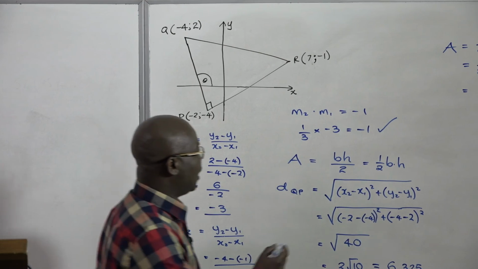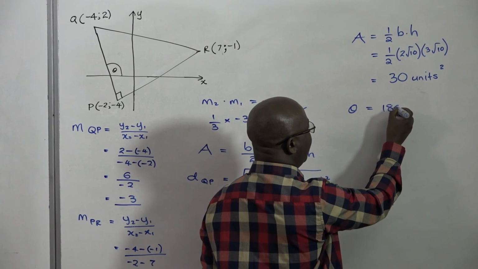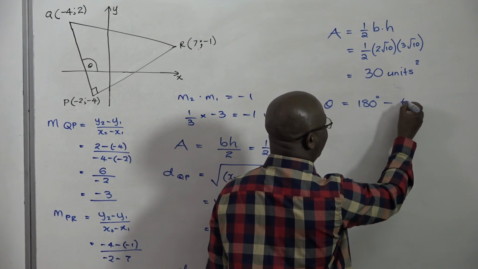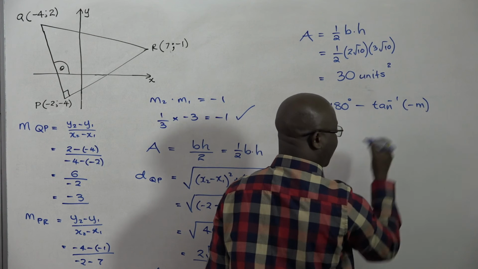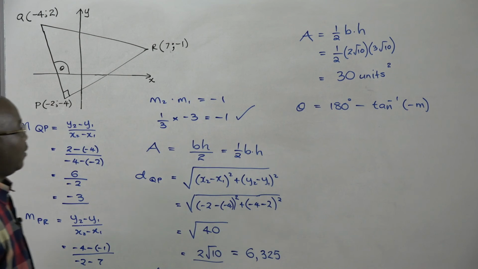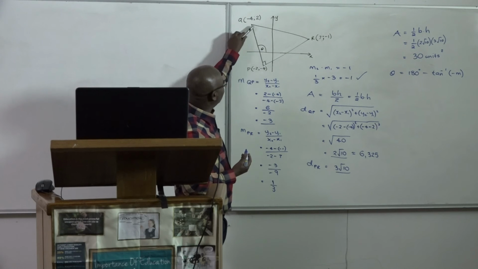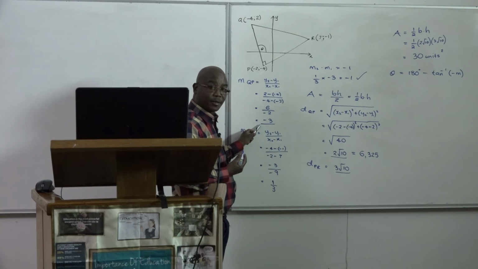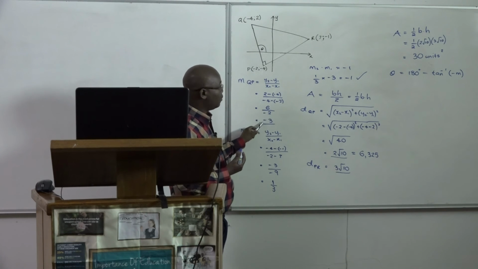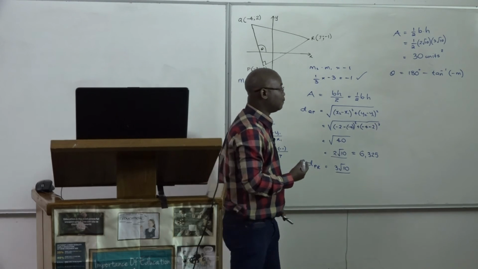So our formula becomes theta is equal to 180 degrees minus the arctan of the negative gradient. There is not much that we need to do now because the gradient that we are worried about is the gradient of the line QP, which we calculated earlier on. So we can just take this value and substitute it into that equation, and then we get our theta.